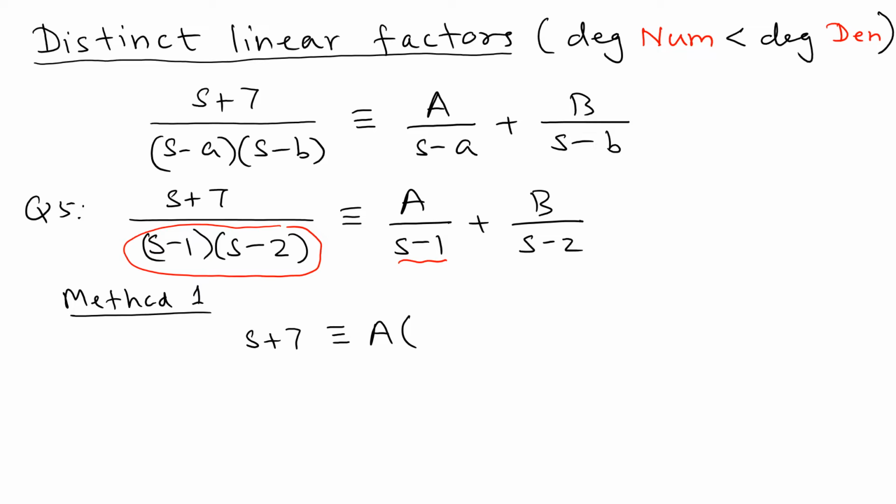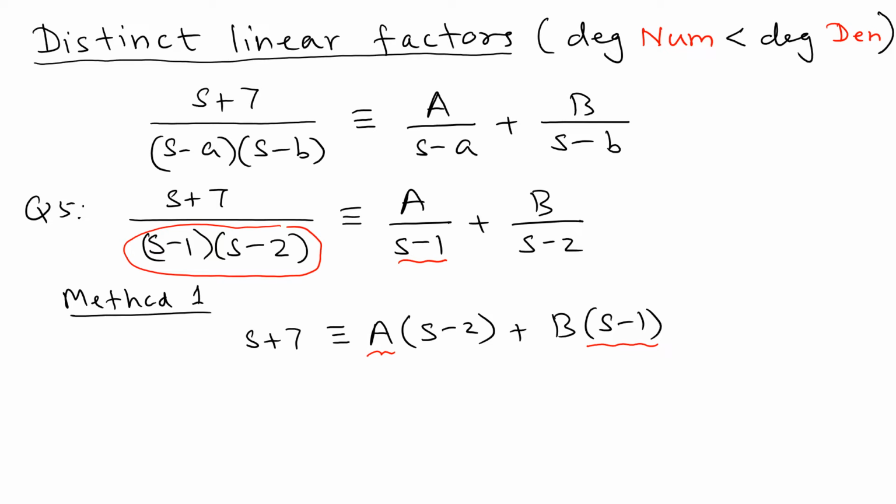So for the first one you get S minus 2 because you cancel out, and for the next one you get S minus 1. Now, this is not an equation, this is an identity. Since this is an identity, you can plug in any value you want here. But we're going to be kind of smart here and plug in special values. For example, if you want to find A, you try to make the other term 0. That's the goal.